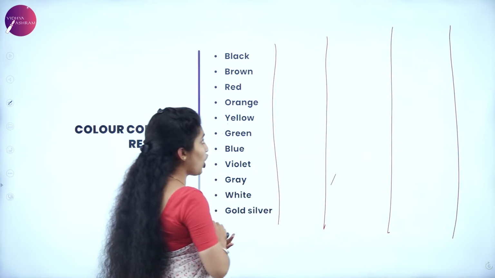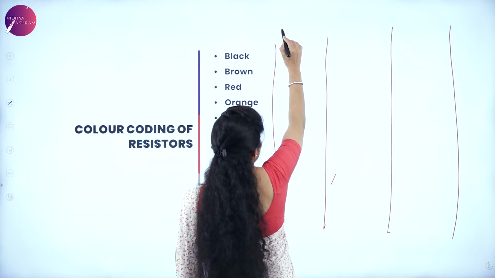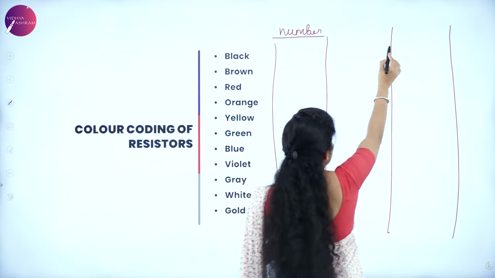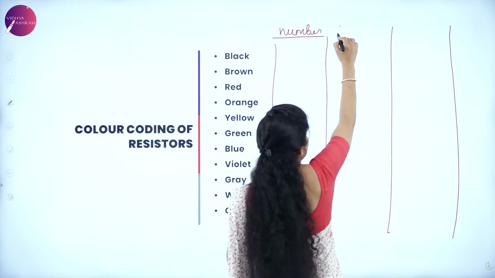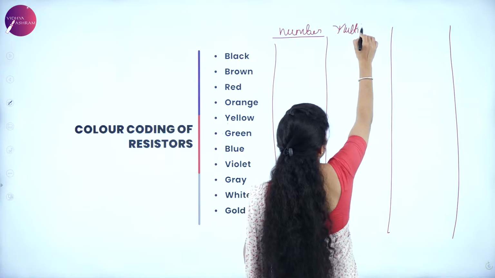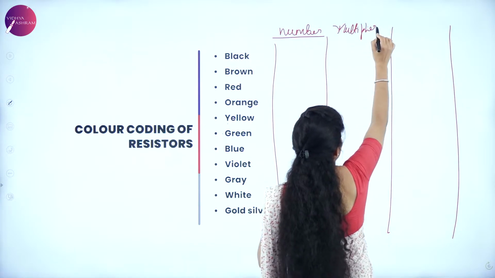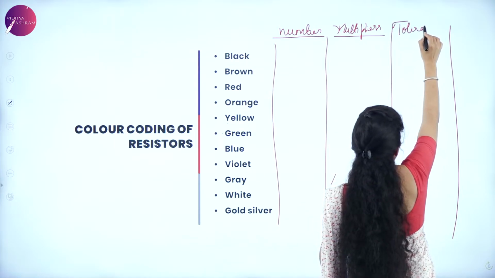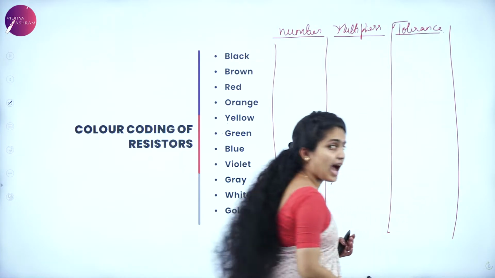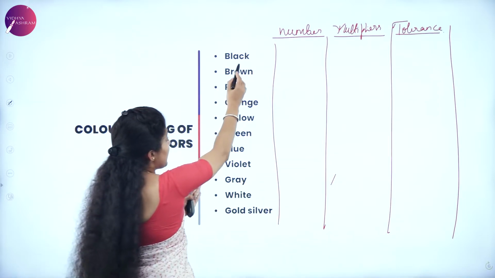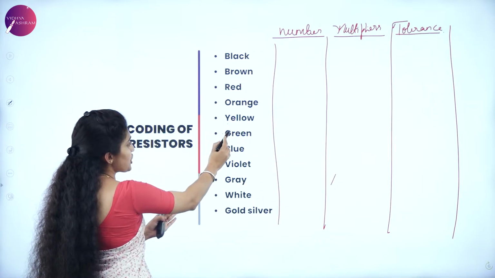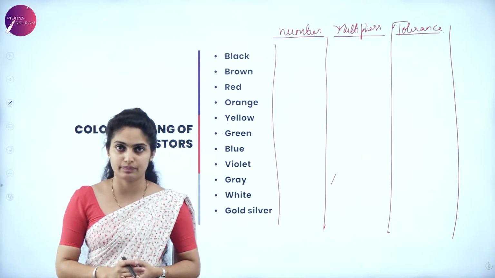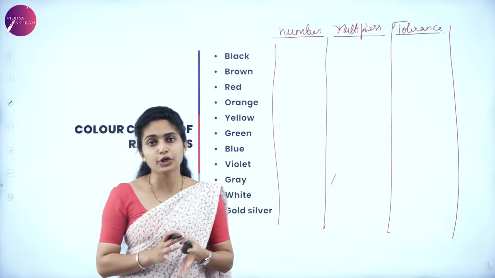We have 3 columns here. The first corresponds to the numbers, that is the first 2 values. The next column gives the multipliers, and the last gives the tolerance. So we have the color coding in this way: black, brown, red, orange, yellow, green, blue, violet, grey, white, gold, silver. Now we are supposed to substitute the values.